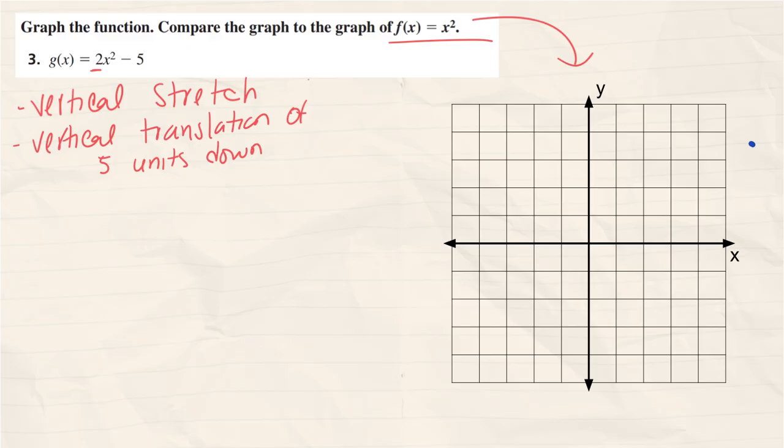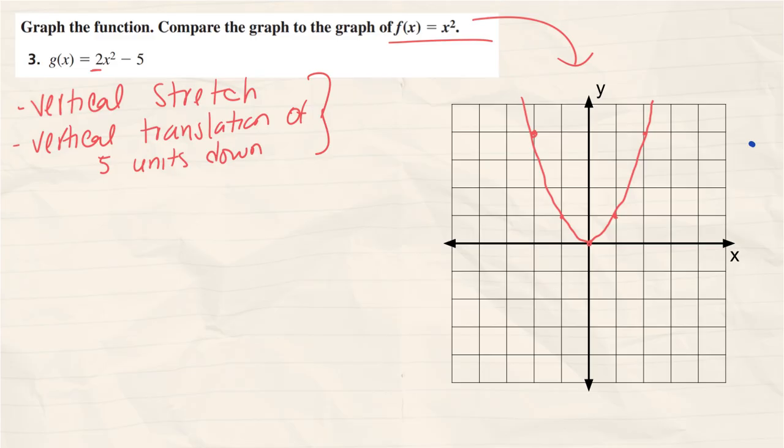This information right here, I just got by analyzing my function of g of x, right? But my parent is going to be the same that I've been working with. So please memorize this parabola of the parent, okay? In Notability, you're able to get your parabola, your U shape, much neater, okay?